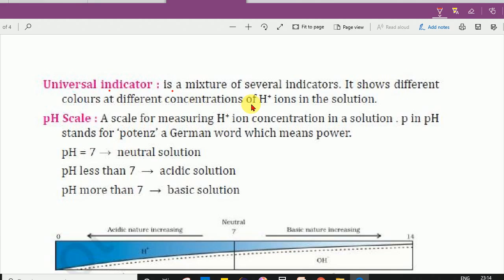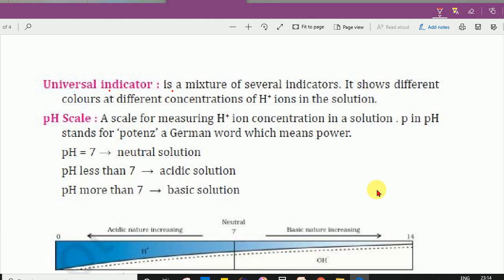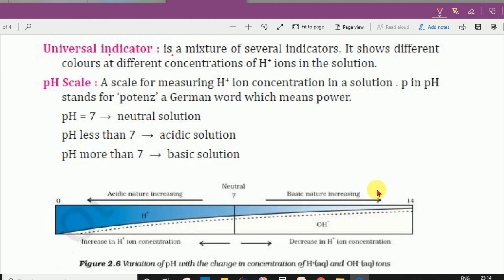It means we can use this pH paper for testing acidic solutions as well as basic solutions as well as neutral solutions.